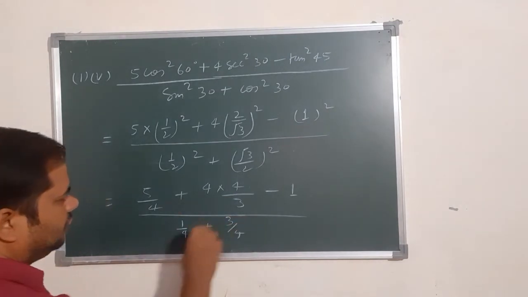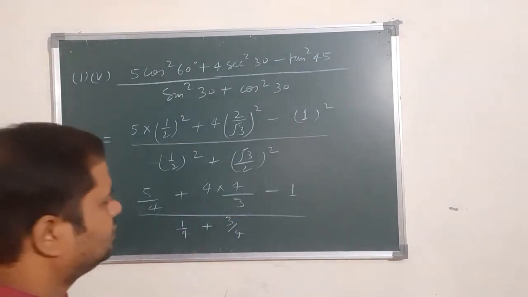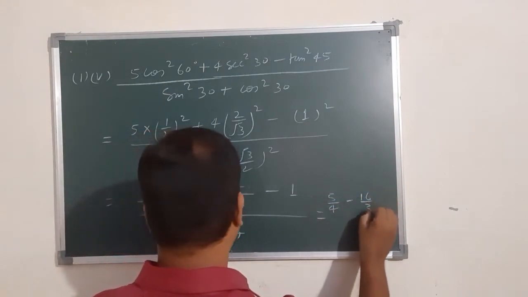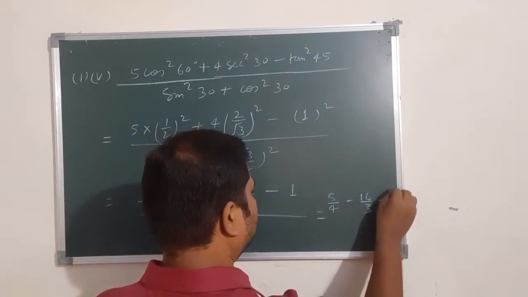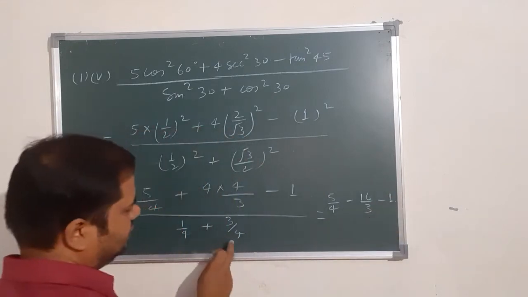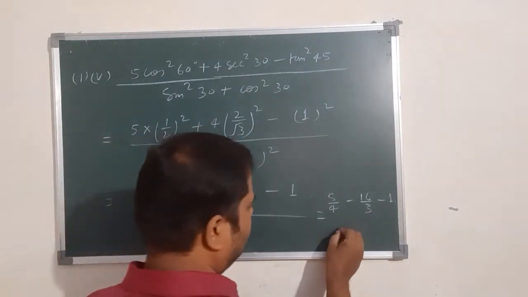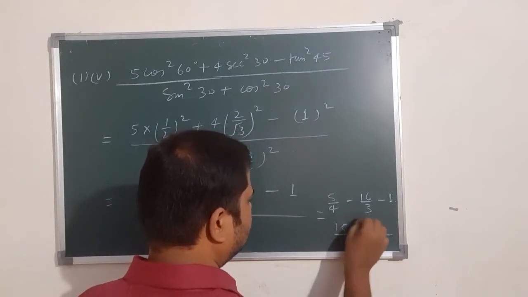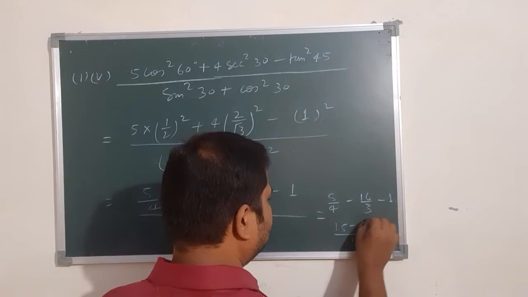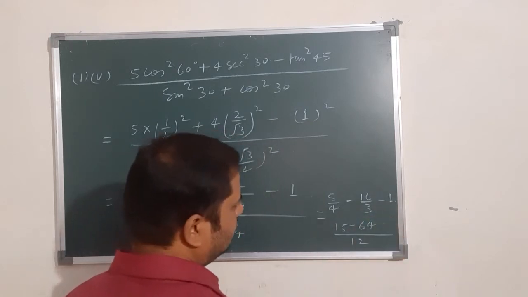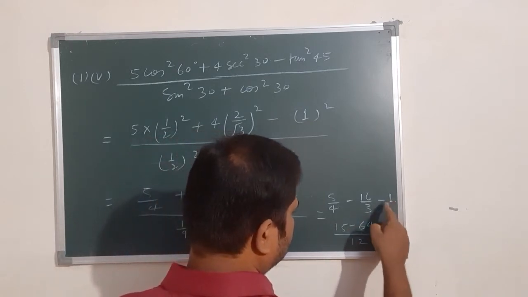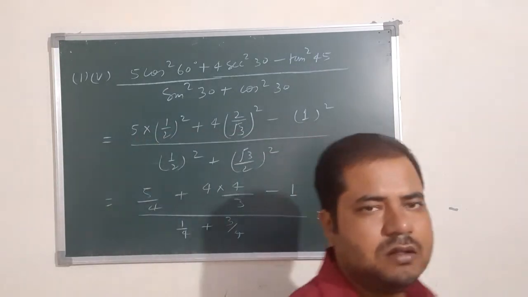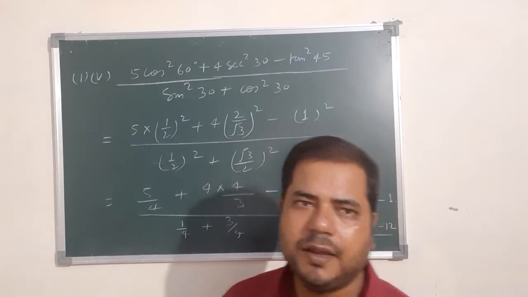So this is 1 only and this is 16 by 3. So 5 by 4 plus 16 by 3 minus 1 and whole divided by 1. This is 1 only. So you calculate, this is 12, 4 3s are 12, and you calculate this, you will get the answer. Okay.